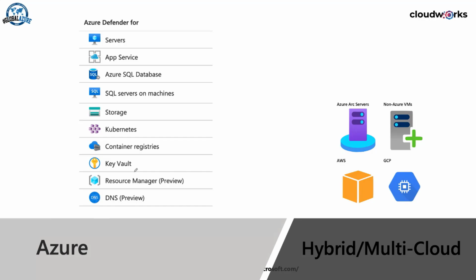You've got Azure Defender for Azure servers, app services, SQL databases, SQL Server running on machines, storage, Kubernetes, and I guess we'll have more services come under the protection of Defender. And then on the hybrid part, you have support for AWS and GCP as connectors. You can also add non-Azure VMs using the agent-based approach.